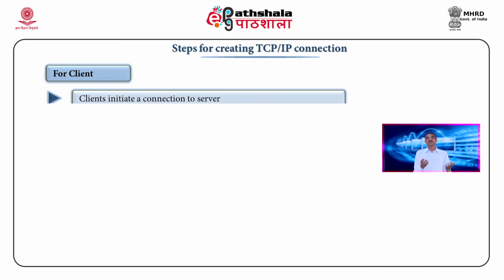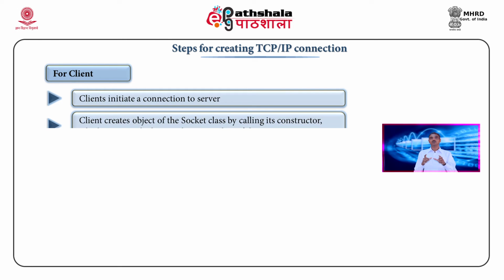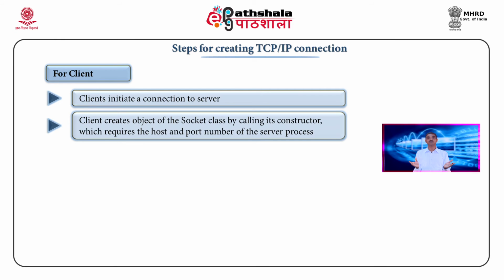On the other side, a client wants to make a connection. How does a client make a connection? What should a client know in order to make a connection? The client should know on which machine the process to which it wants to connect is, and on what port number that server is listening.